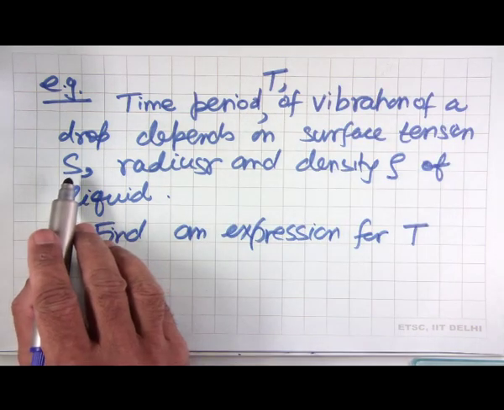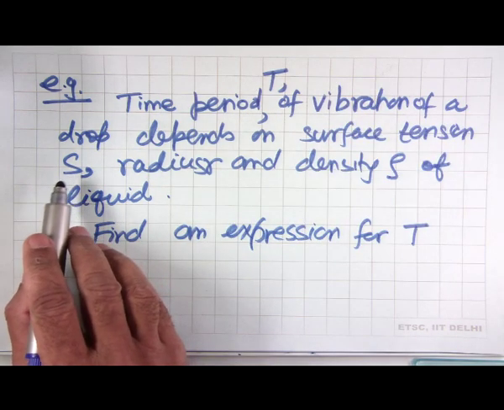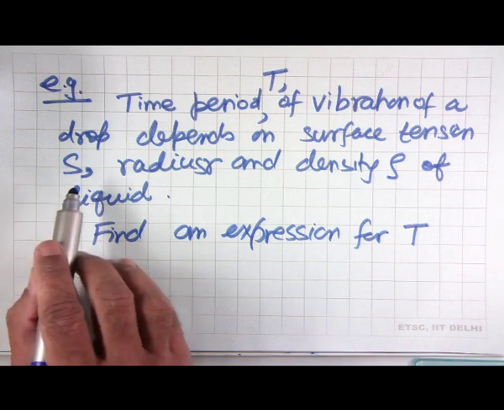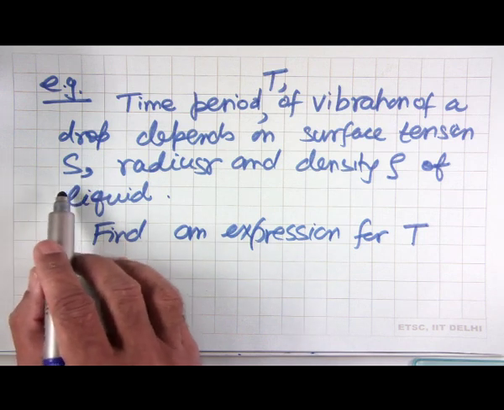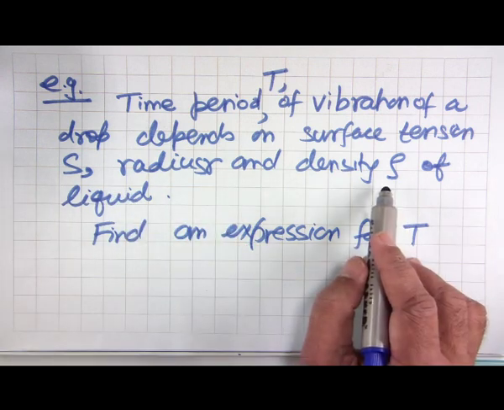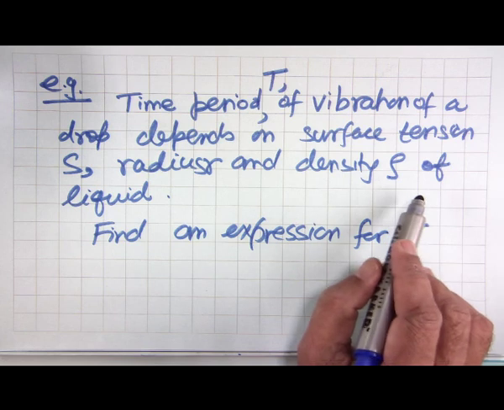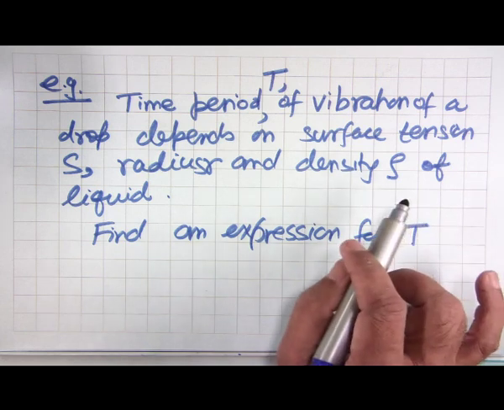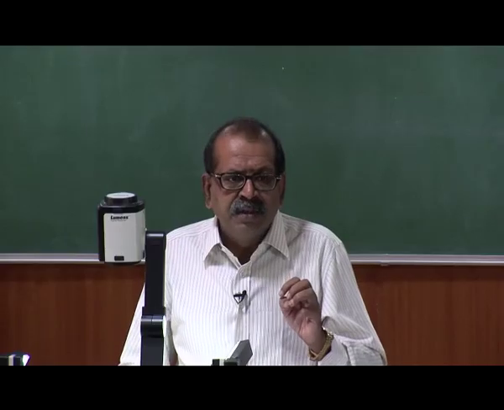Surface tension is a quantity which is force per unit length, so it will involve mass, length and time. We will work it out. Radius involves only length, density involves mass and length. So, totally we see 3 basic dimensions are involved here, M, L and T.